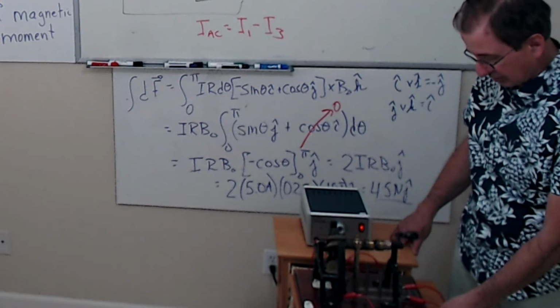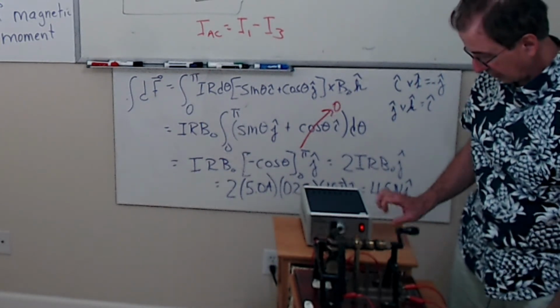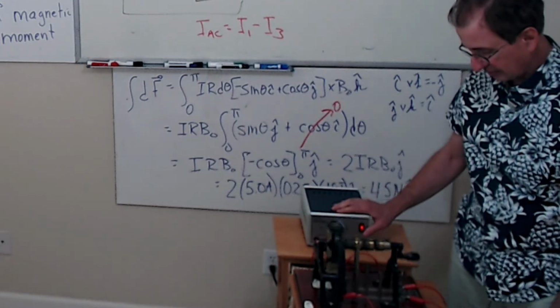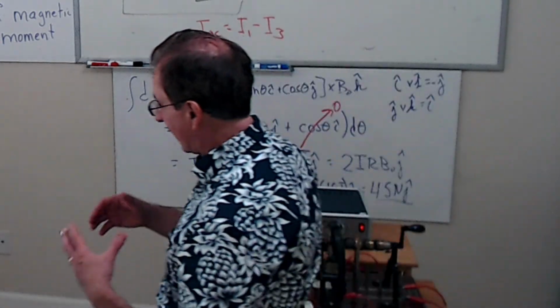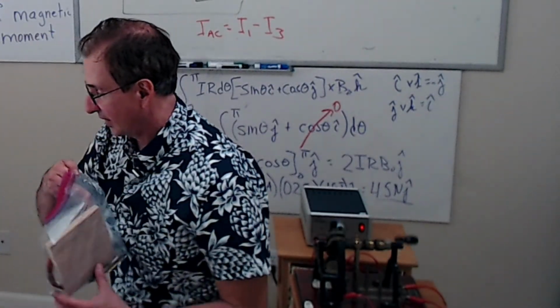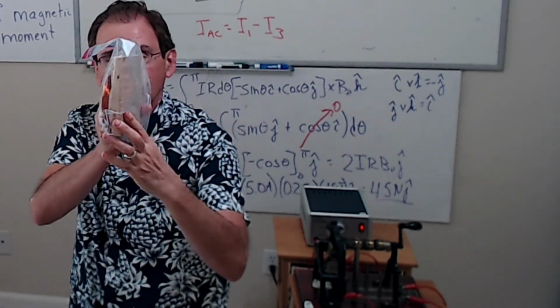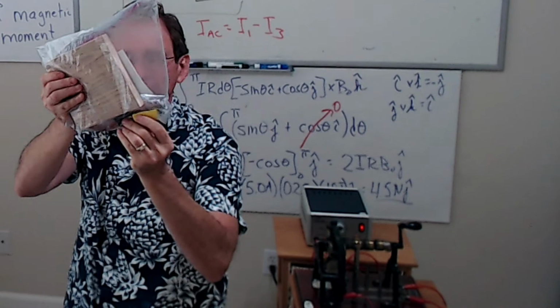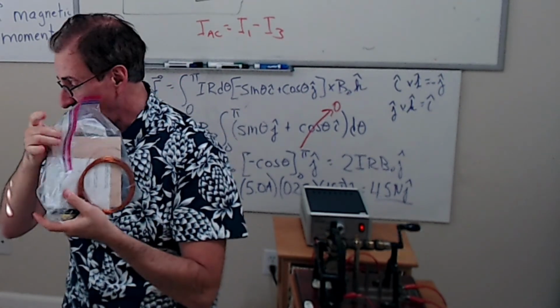So you folks are going to build a motor starting next week. You folks have in your lab kit a DC motor kit. It comes in a bag like this. You have a coil of wire, the board, a bunch of nails, and you have instructions on how to build it.